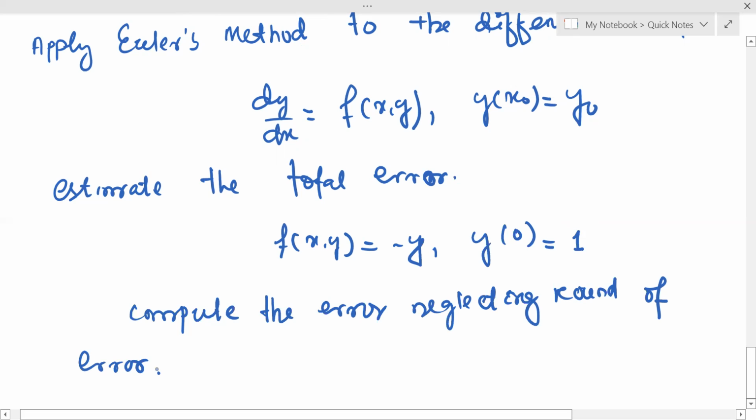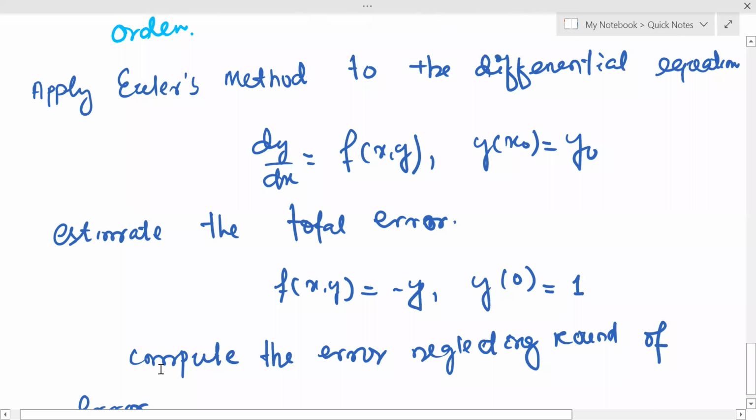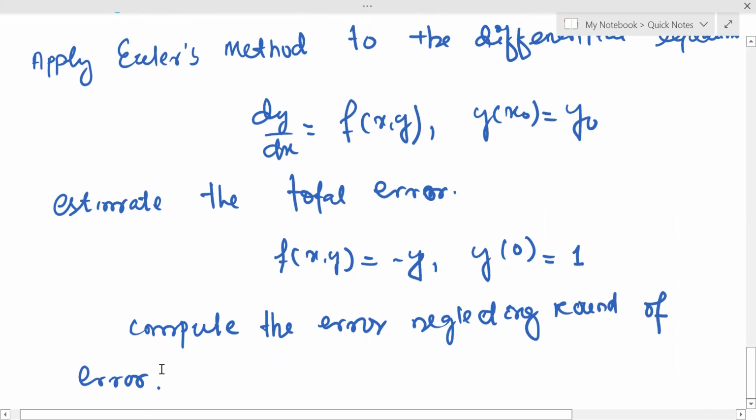So just apply Euler's method to the differential equation dy by dx equal to f of x, y, y of x0 equal to y0 given, and estimate the total error. Function f of x, y is equal to minus y, and y0 is equal to 1, and compute this value.